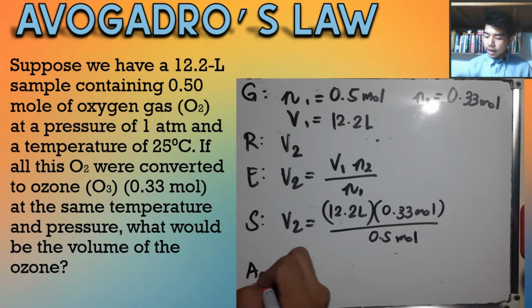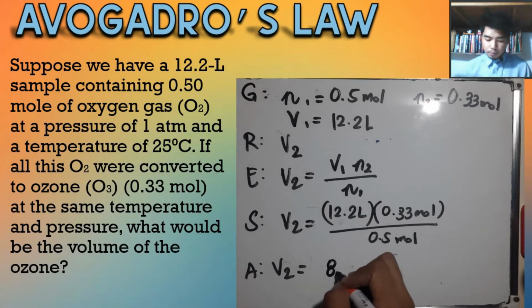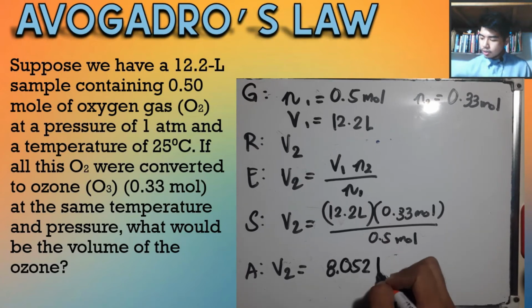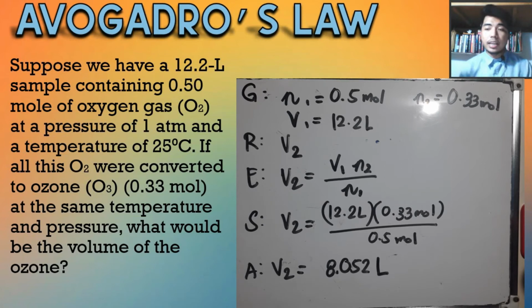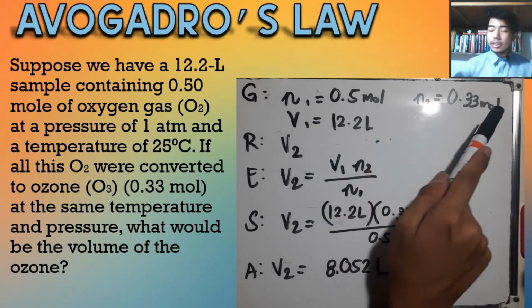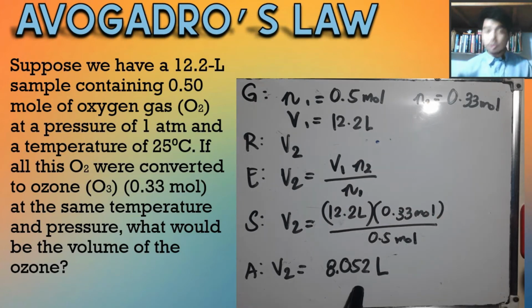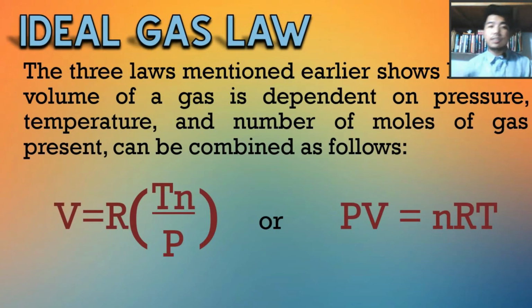Now, our answer for the final volume will now be equivalent to 8.052 liters. That is now our final volume. Once again, as you can observe, since the number of particles decreases, the volume also decreases. And that is now the presence of the ideal gas law.